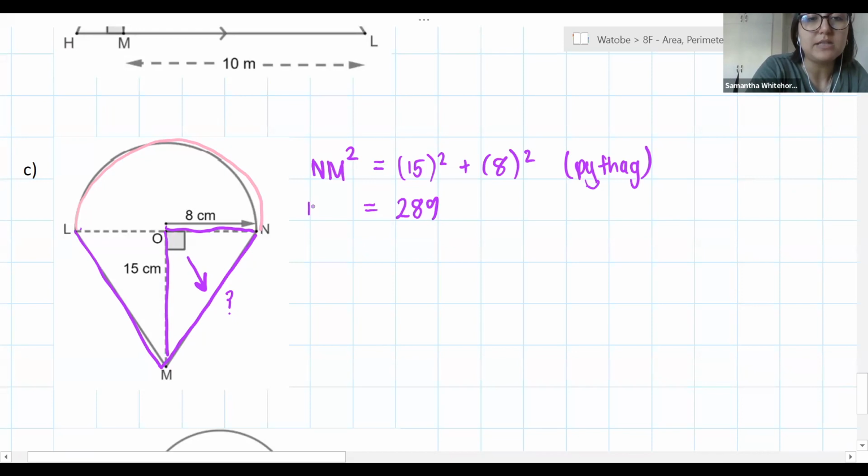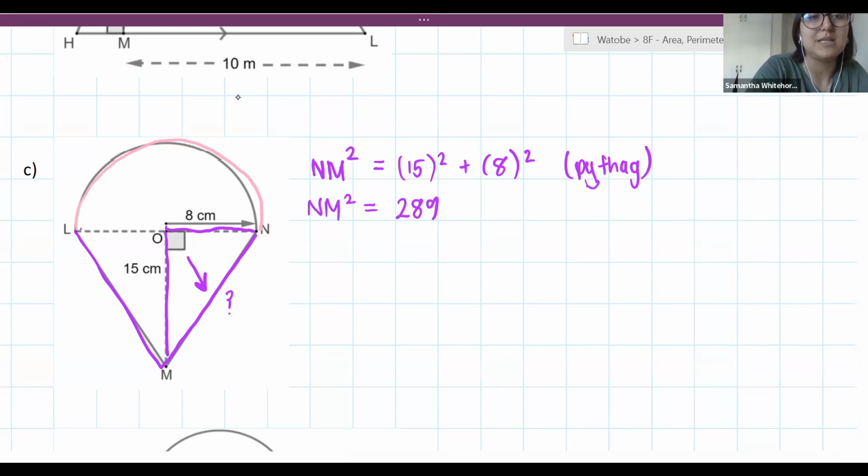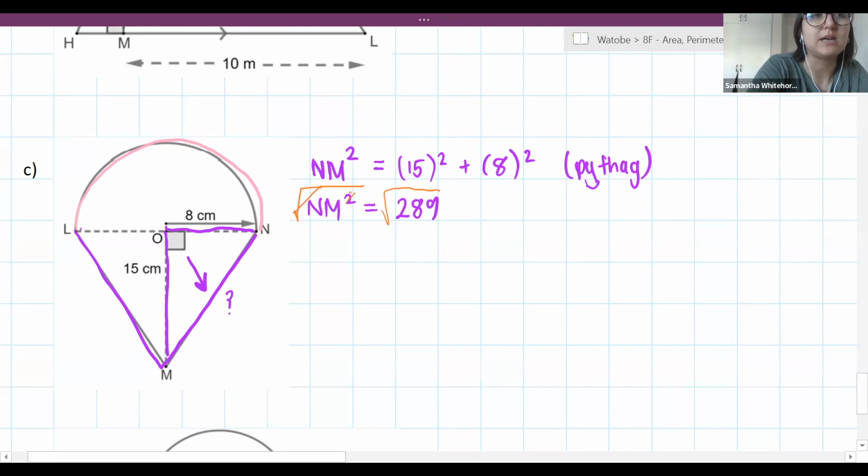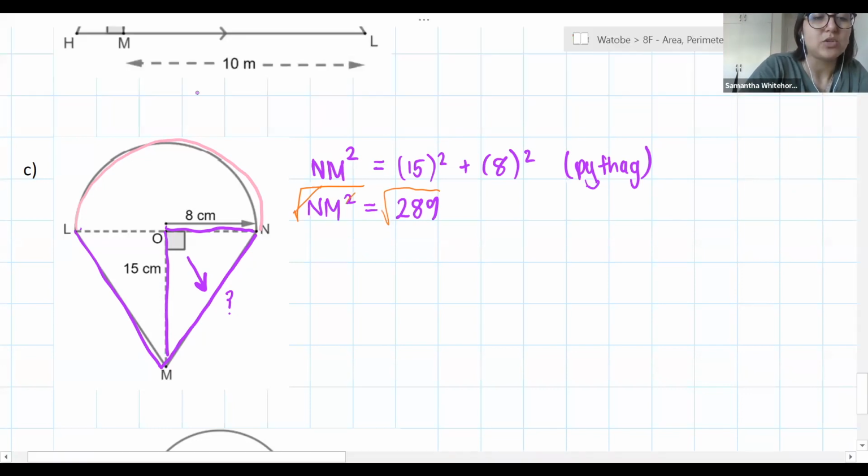Now remember that is still NM squared. We don't want the squared, what we want is just NM. So we have to square root both sides because that cancels out the square. And so when I square root 289, I get that NM is equal to 17 centimeters.